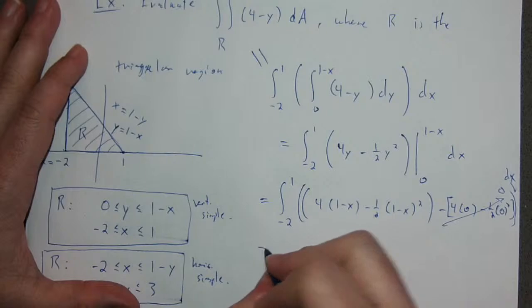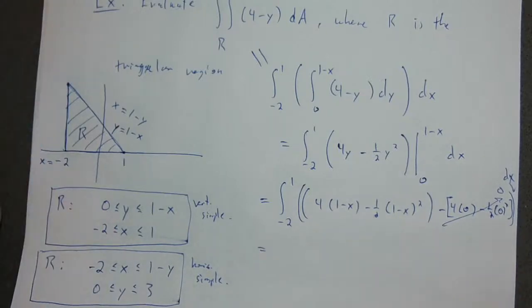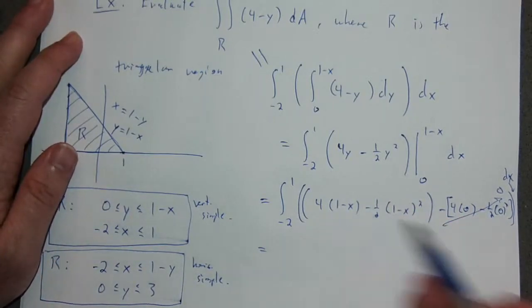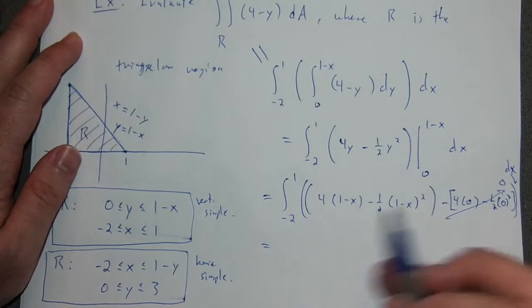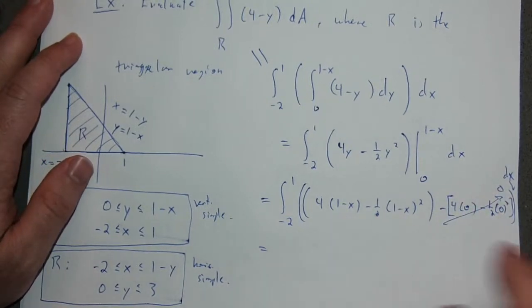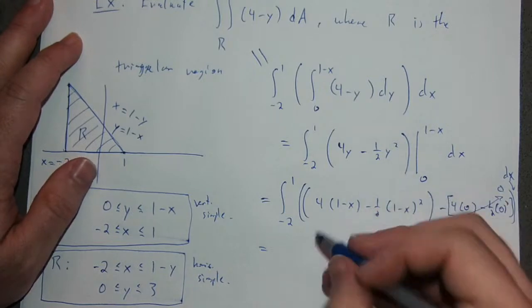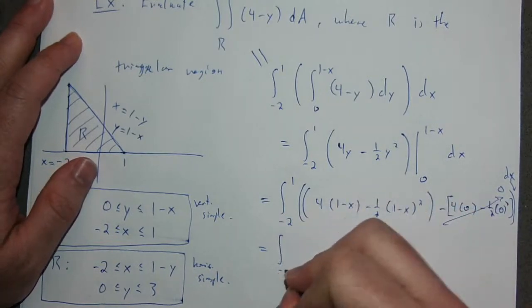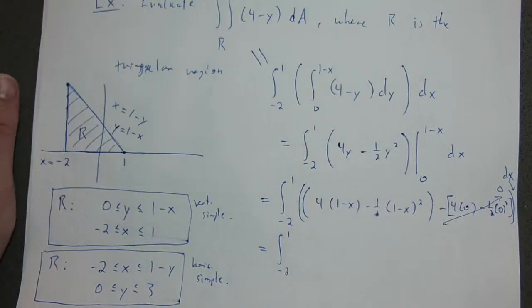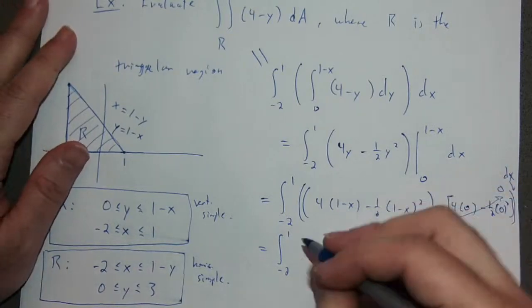And so now I just need to clean up this mess. So I'm going to factor out a 1 minus x here. Whichever way you want to do this, you can either factor out and then later multiply it out, or you can just expand all this and simplify. Actually, I am going to factor out the 1 minus x.